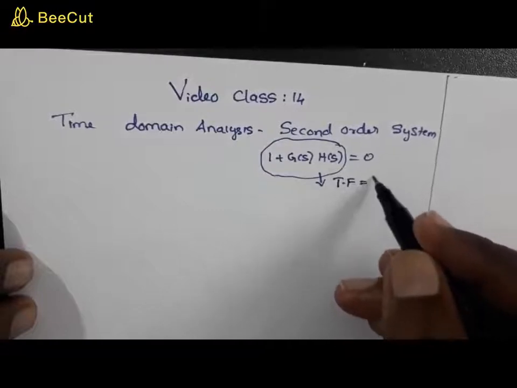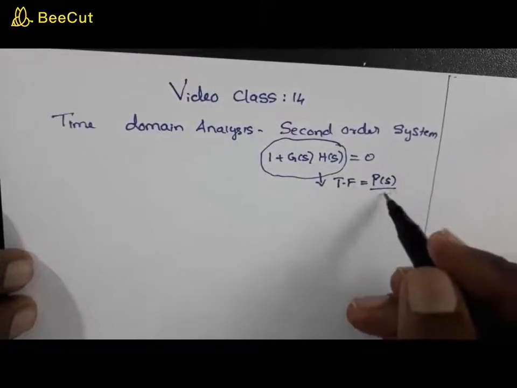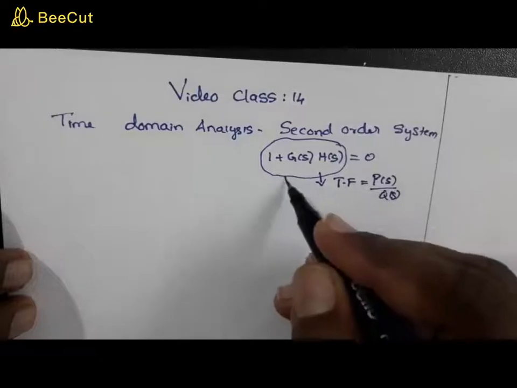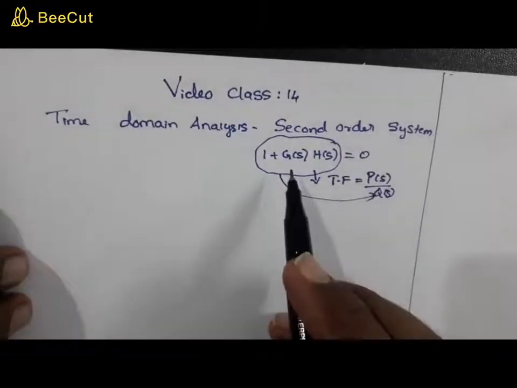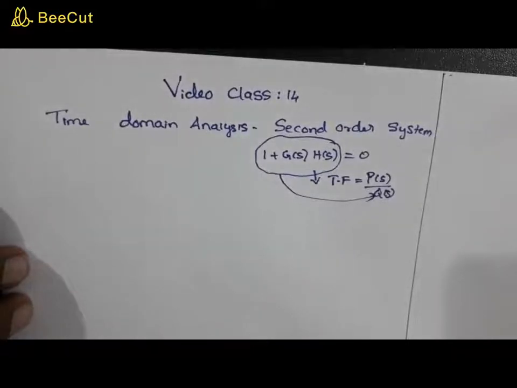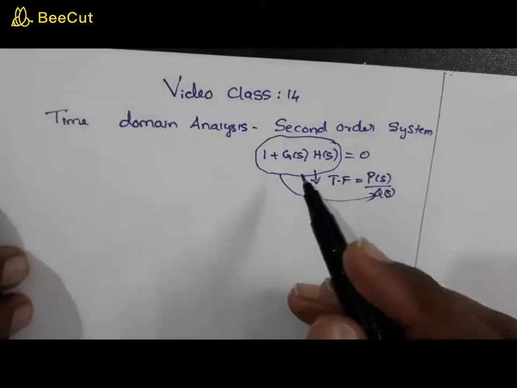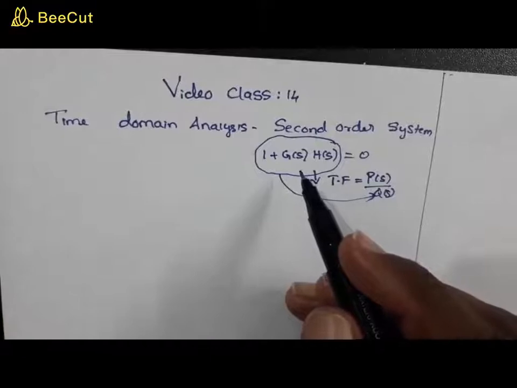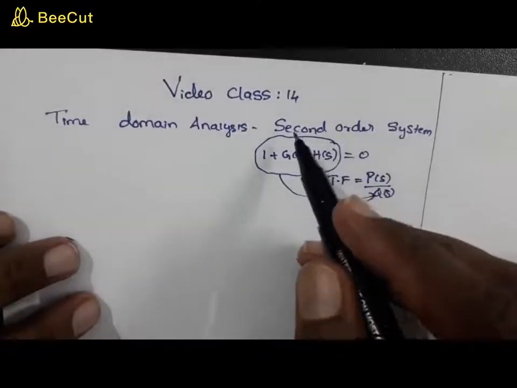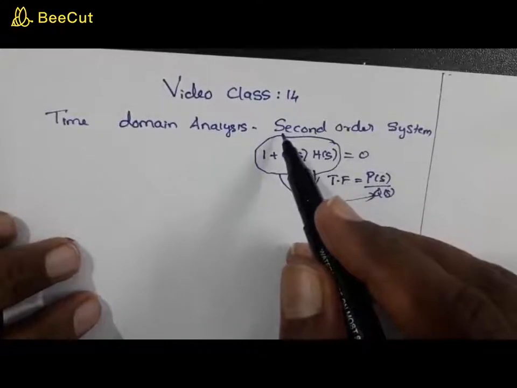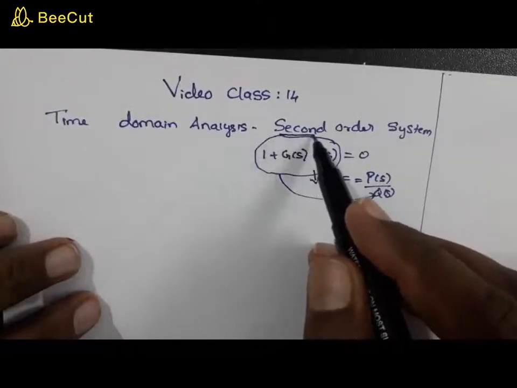So if the transfer function is of the form P of S over Q of S, this Q of S is going to be a polynomial of S, and the order of the denominator polynomial, or the characteristic polynomial, will decide the order of the system.